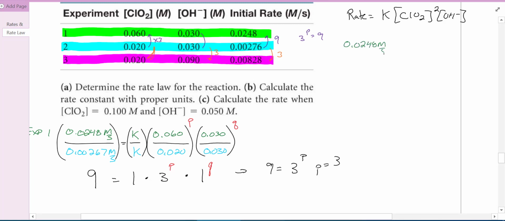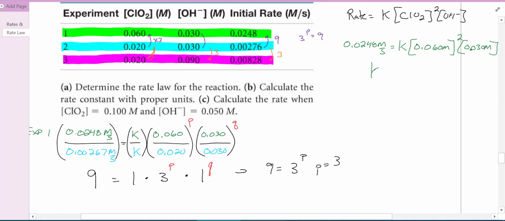0.0248 molarity per second equals K times 0.060 molar squared and 0.030 molar.